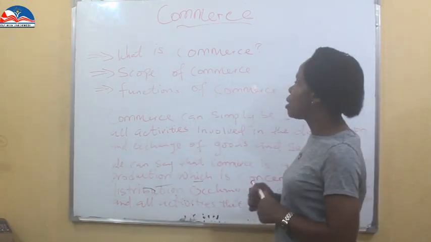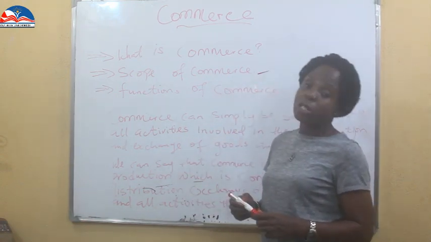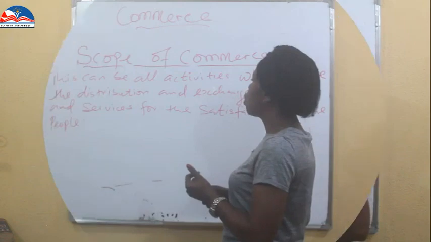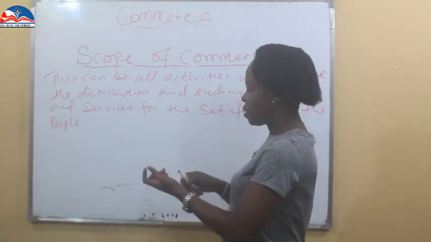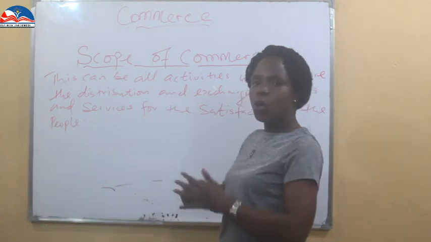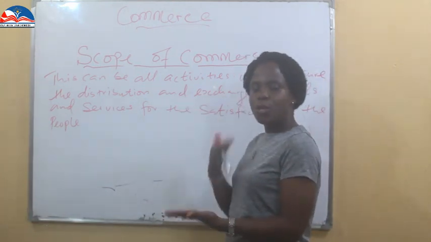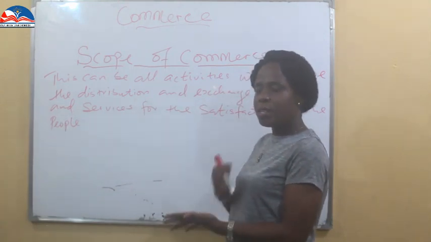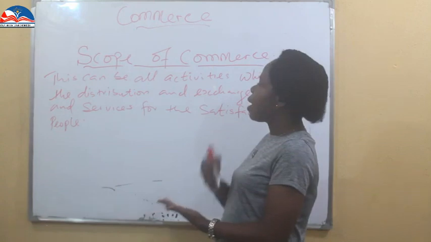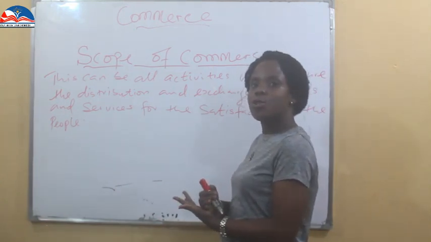So let's go to the next point, which is the scope of commerce. What is the scope? Under the scope of commerce, it includes all activities that aid distribution of goods, that aid the exchange of goods, and that make possible services rendered to consumers.